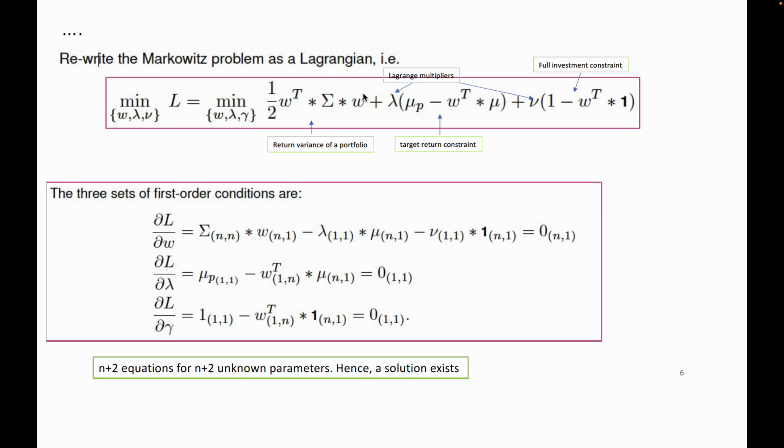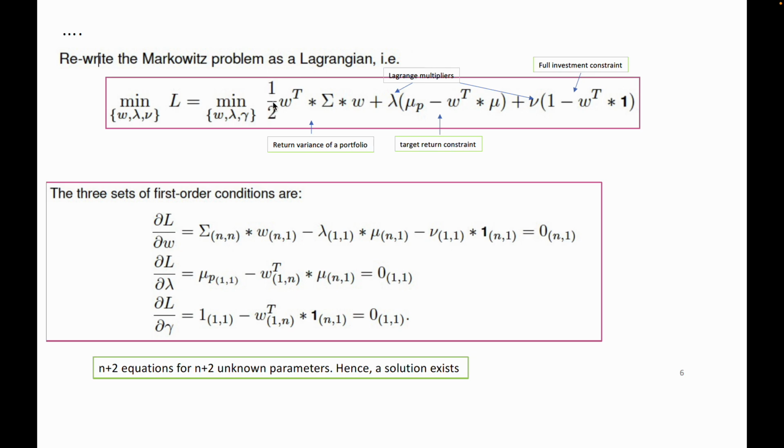Here the objective function is the variance of our portfolio return. So Σ is the covariance matrix of all assets, and w is the portfolio vector. W is a column vector, so w transpose Σ w will be the variance of the return of my portfolio that consists of holdings w.